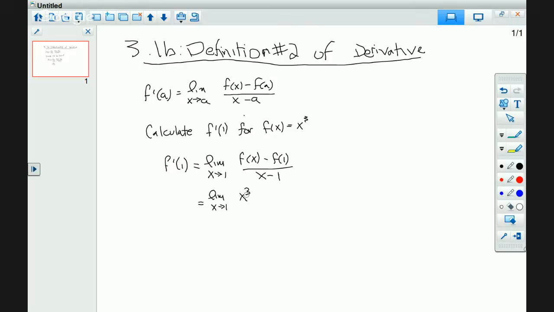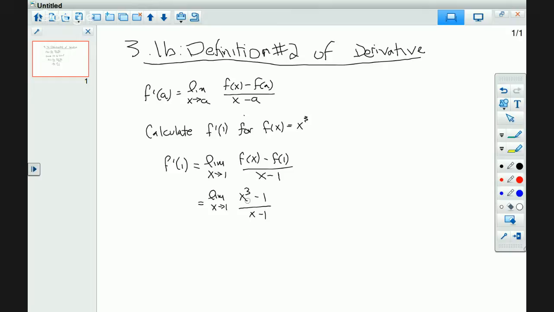So we can do x cubed, and what's f of 1? How do we deal with that? So plug 1 in, right? What do we get? We get 0 over 0, so we have to do some algebra probably.